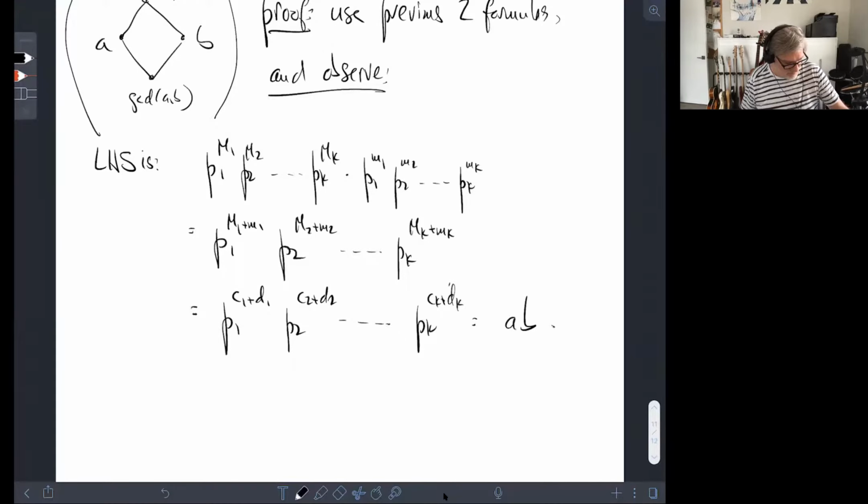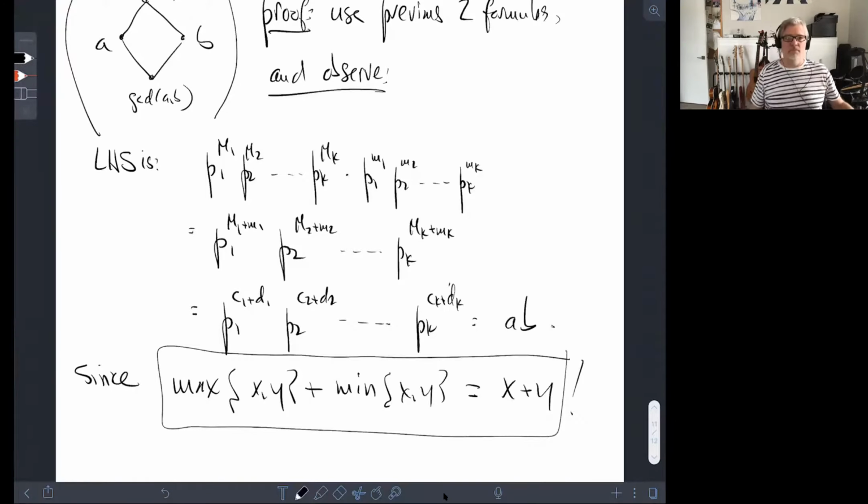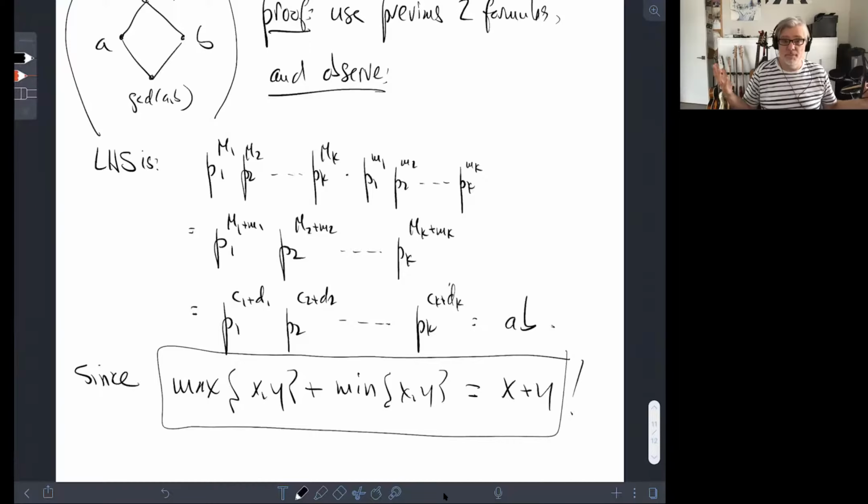This is A times B, since max of X, Y plus min of X, Y is equal to X plus Y. Does everybody believe me? Yes. Okay, so that's where it comes from. That's all. So the GCD times the LCM is equal to A times B.